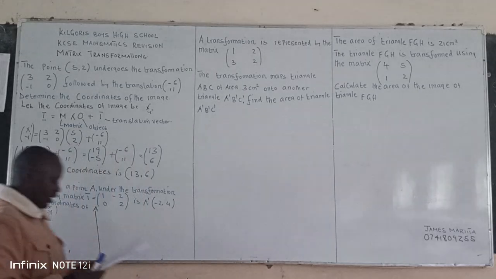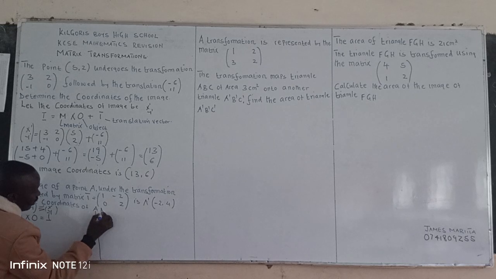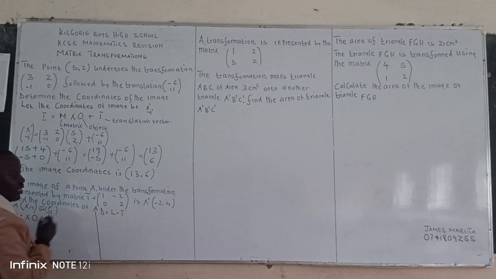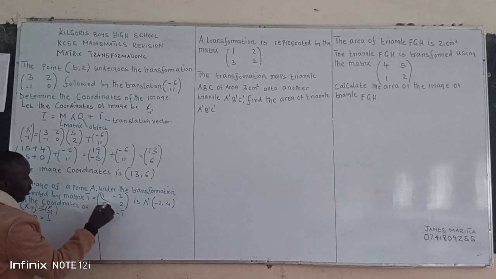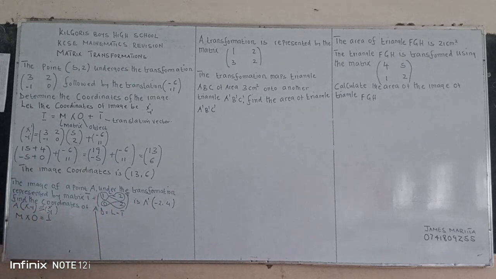We have this transformation matrix here, but we are supposed to find the determinant. The determinant is the leading diagonal minus the product of the trailing diagonal.